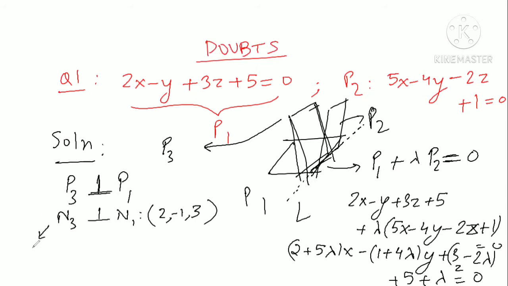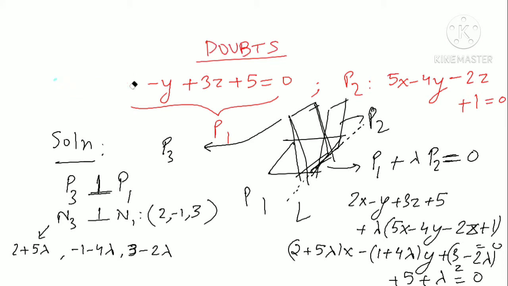So the direction ratios for this normal are 2 plus 5 lambda, minus 1 minus 4 lambda, and 3 minus 2 lambda. These are the direction ratios for the normal to plane 3, which is N3. Now N3 is perpendicular to N1, which means these two lines are perpendicular. So A1A2 plus B1B2 plus C1C2 will be equal to 0.